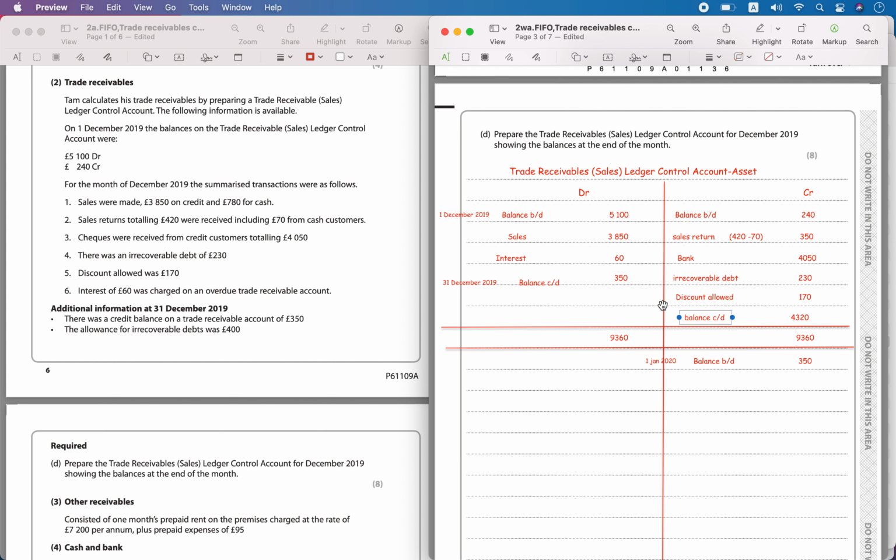This is the balance which is available as on 31st December 2019 on the credit side. The same will appear on 1st Jan on the debit side. So you had a balance of 4,320.